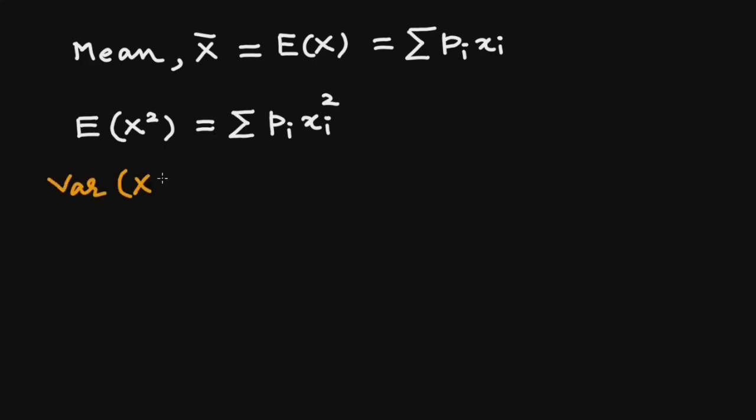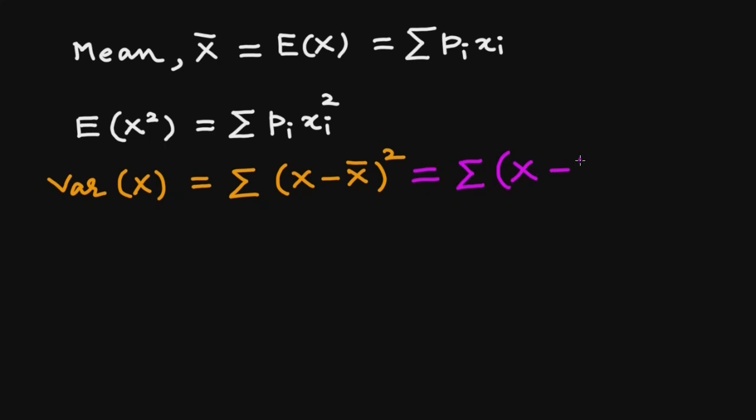Variance of random variable x is the expectation of x minus mean of x whole square, which is expectation of random variable minus its expectation E(x), which stands for x bar, whole square.